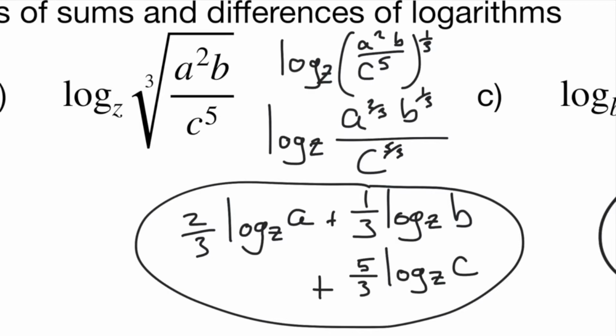And now we're going to use our properties of logarithms. We've got multiplication on the inside. That becomes addition. We've got division, or fraction bar, on the inside. That becomes subtraction. We've got an exponent, bring it out front. An exponent, bring it out front. An exponent, bring it out front.